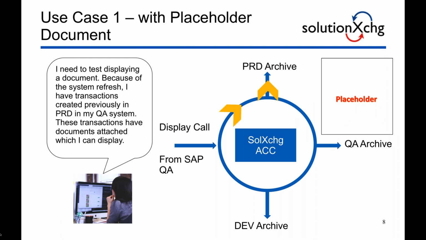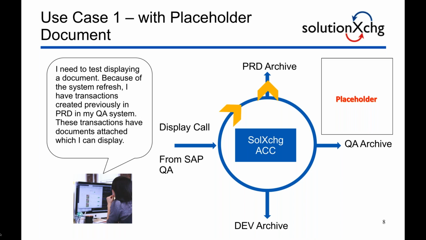You have the choice with us to design a placeholder document that explains to the user that there is still a valid document existing on the production archive when they've clicked on that link, but the security or auditor guidelines in the organization do not allow displaying the content, because it is not to be seen by everyone, and it should not be IT personnel that has access to HR records, for example, on certain employees.